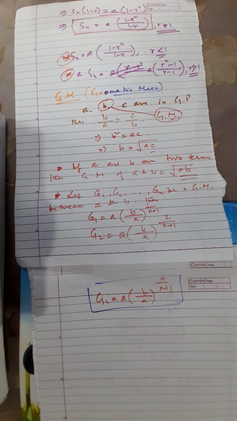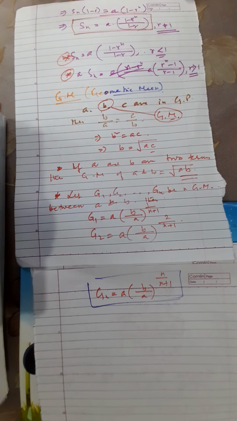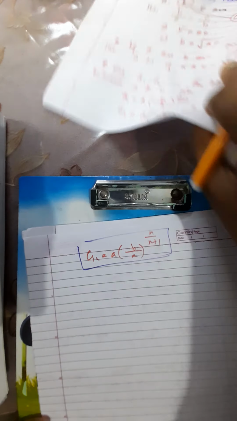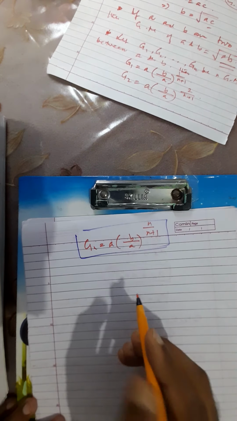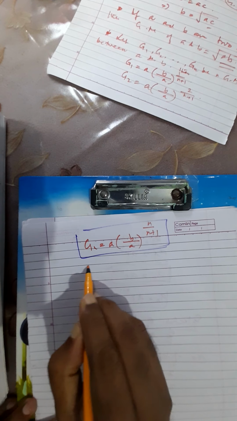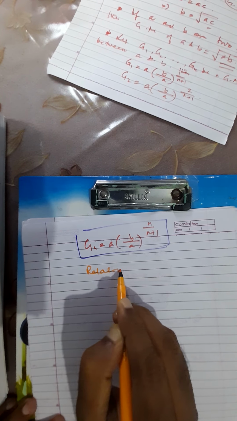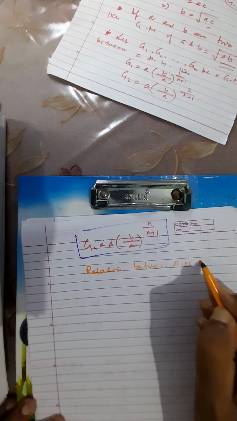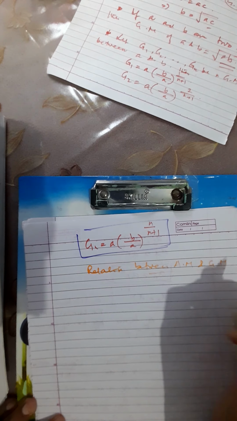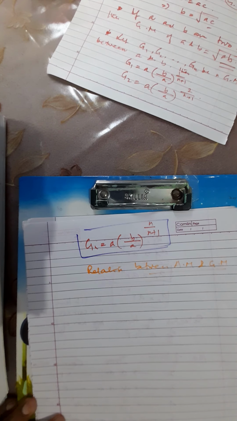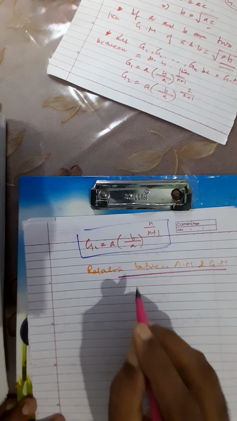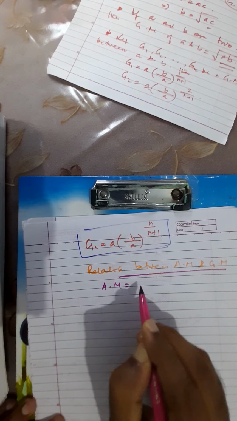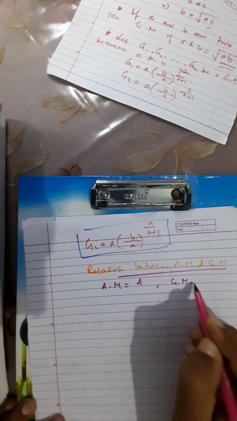What is the relation between AM and GM? Let A be the AM and G be the GM.